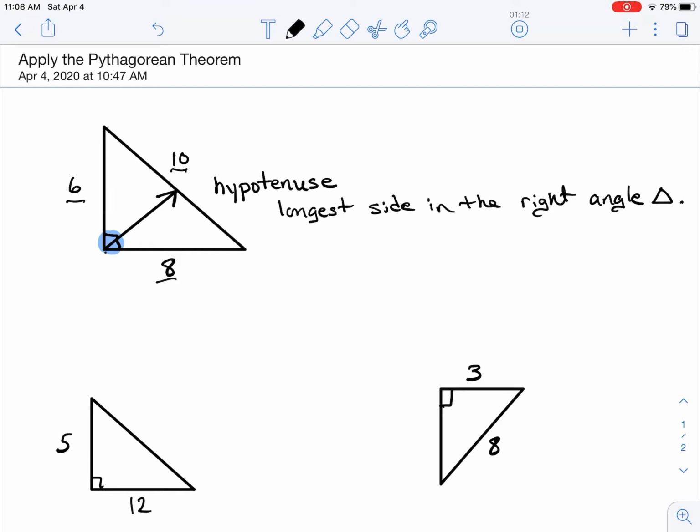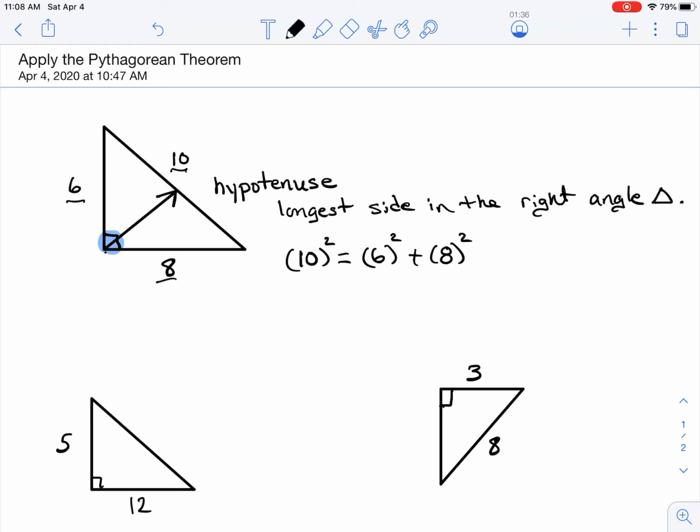So the Pythagorean theorem says if you were to take the hypotenuse, so I'm going to take that 10, and you were to square it, so raise it to the exponent 2, that value is going to equal the other two sides, so the 6 raised to the exponent 2 plus the 8 raised to the exponent 2.